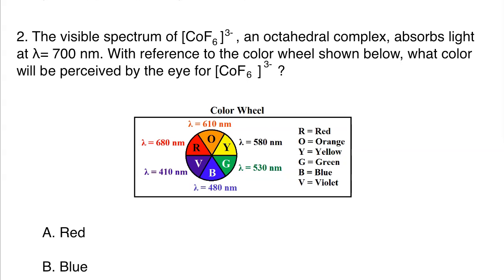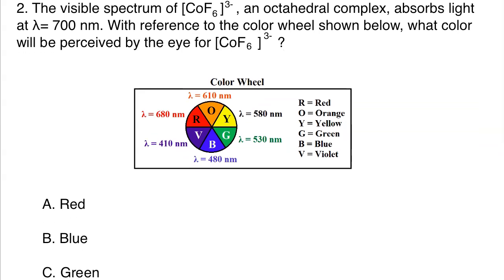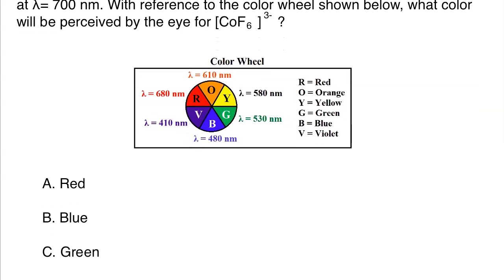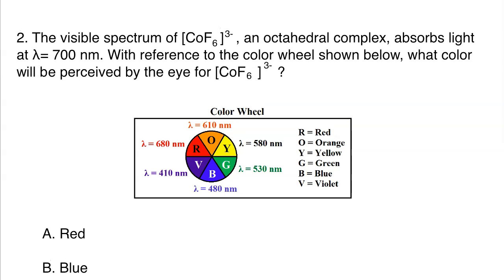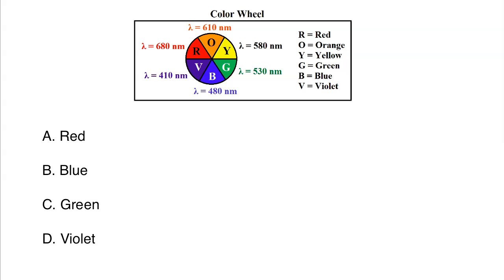So keep in mind what we discussed with beta carotene, because that can help you in this problem. There's your color wheel, and again remember that the cobalt complex is going to absorb at 700 nanometers. That's where it absorbs light. So the question is asking, what color will the eye be picking up out of the color wheel here? And the options are red, blue, green, or violet.